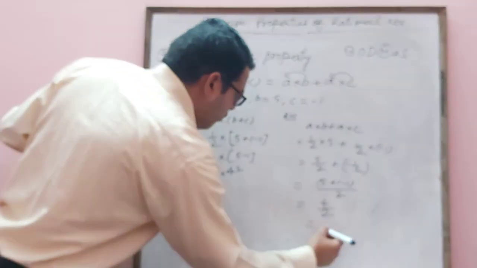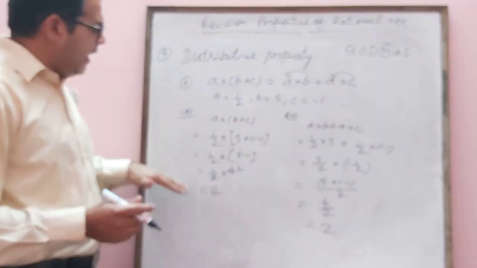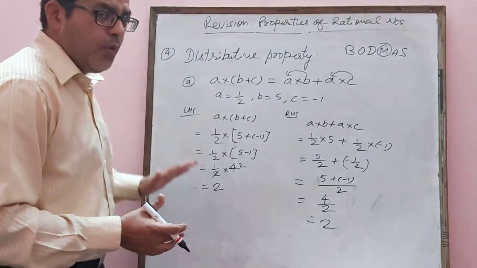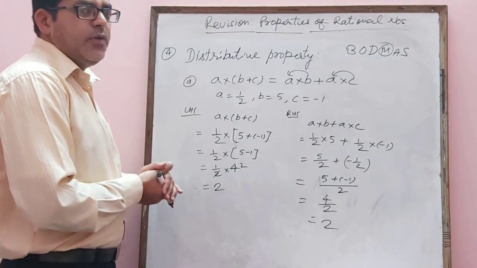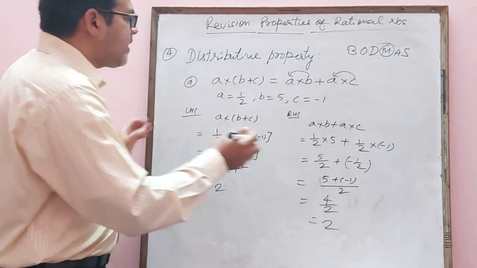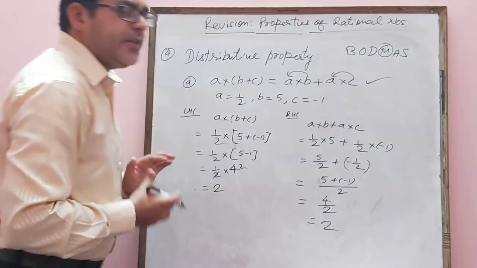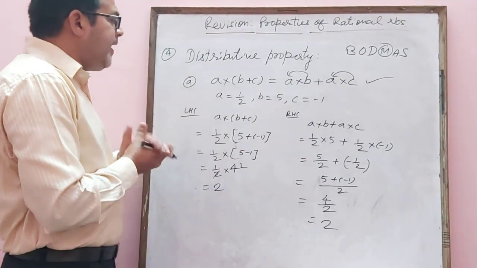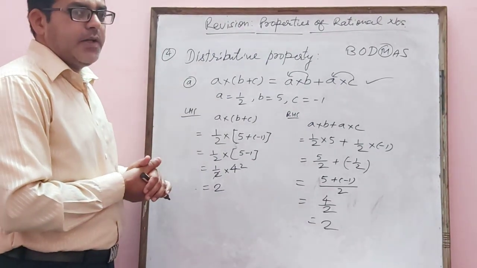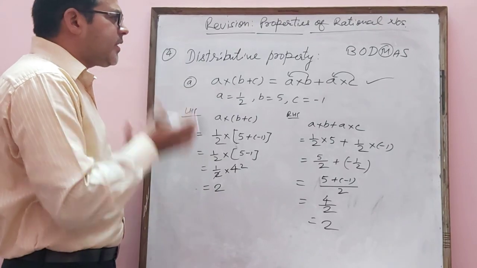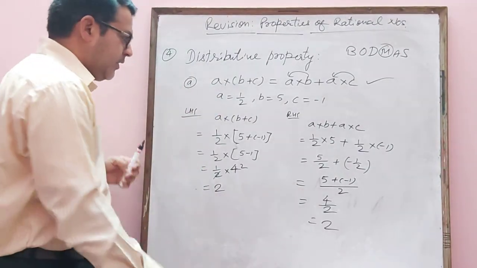So 2 we have here. Now you can see that the left hand side and right hand side both have the same values. It means this relation is true for any rational numbers. You can take any rational numbers to justify it.